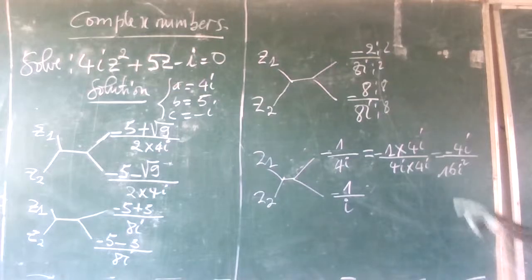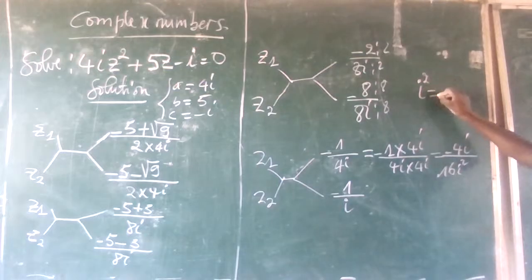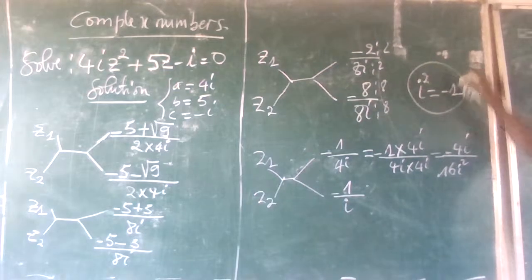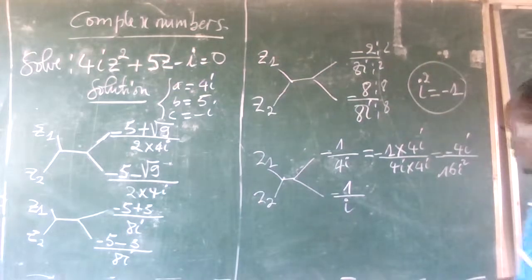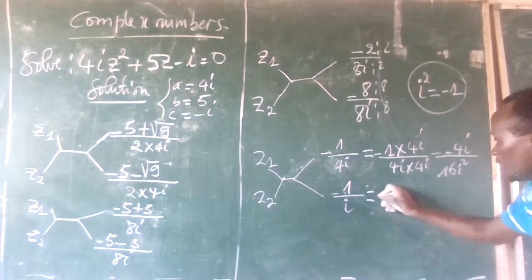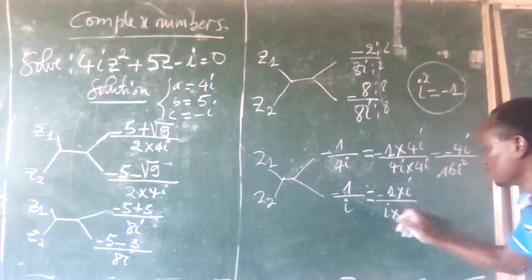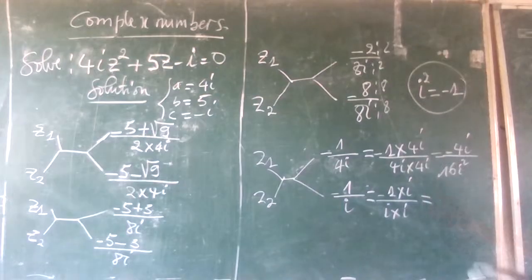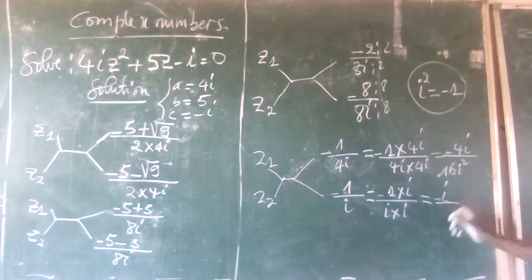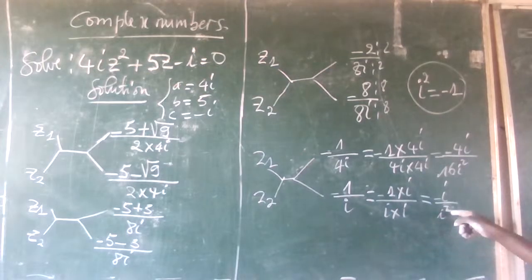Clear? Now remember that i square is equal to minus 1. Here we have also minus 1 times i over i times its conjugate, also it will be minus i over i square, because i times i is equal to i square.